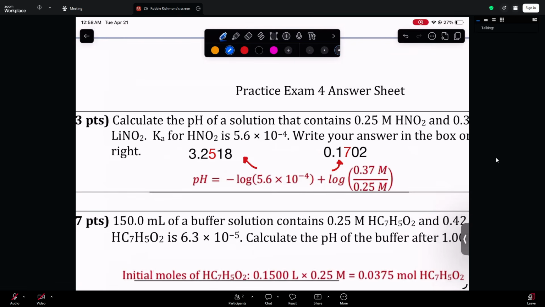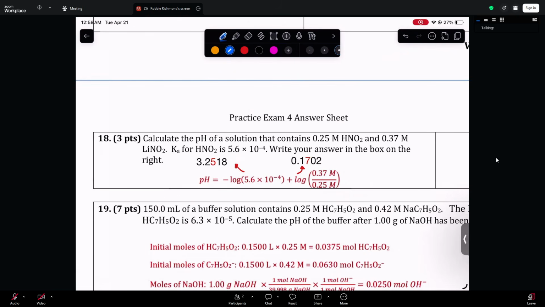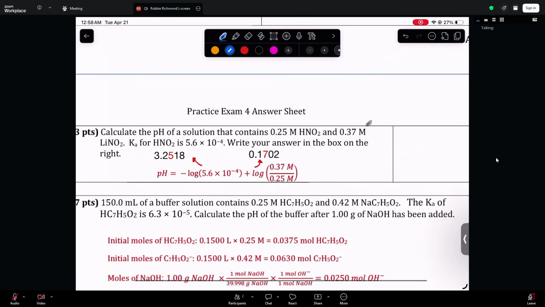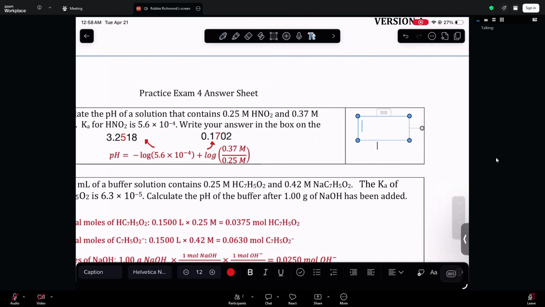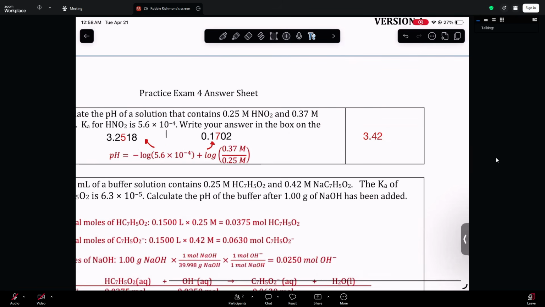Adding these two together will give you a pH of, let me do it real quick, a pH of 3.42. And this is accounting for the addition subtraction sig fig rule, where we're just looking at the last place of significance. Since both of these are in the hundredths place, it'll just be the hundredths place.